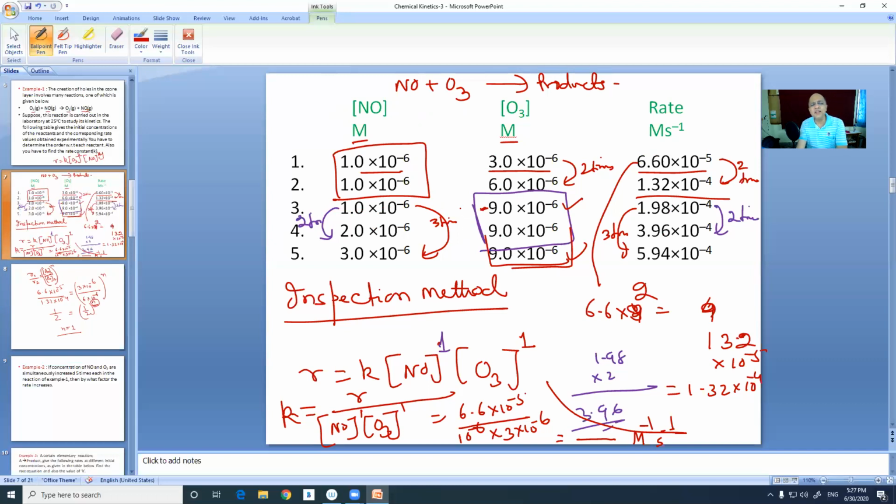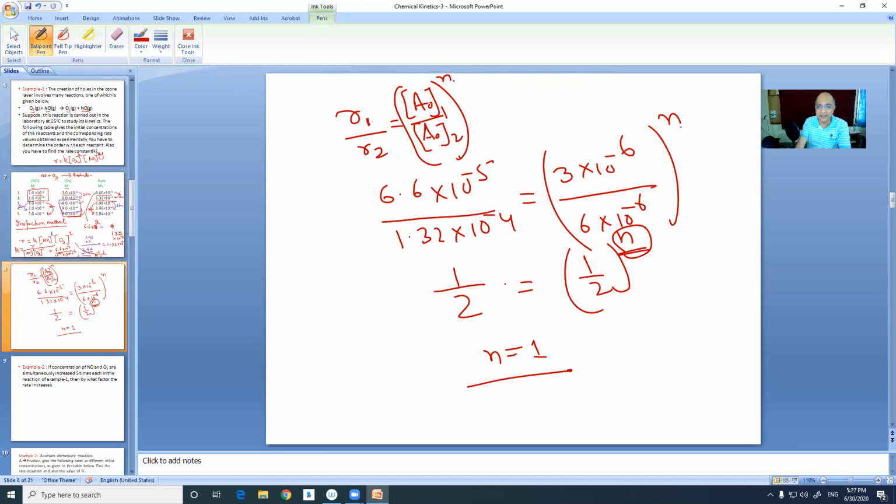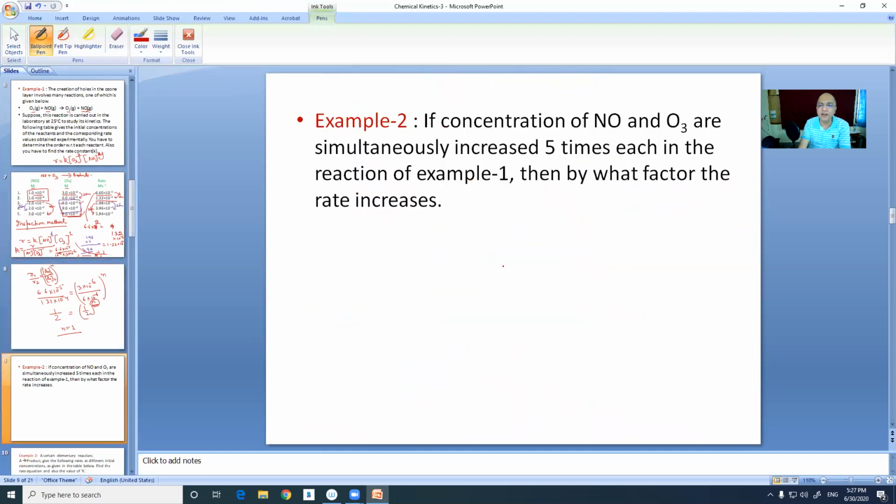Some students opt for the calculation method. I really detest it, and I will advise you to go for inspection. You can just see the increase of this many factor makes the increase in the rate by the same times, or square times, or cube times, or remains constant, right? Then we shall proceed very fast now.